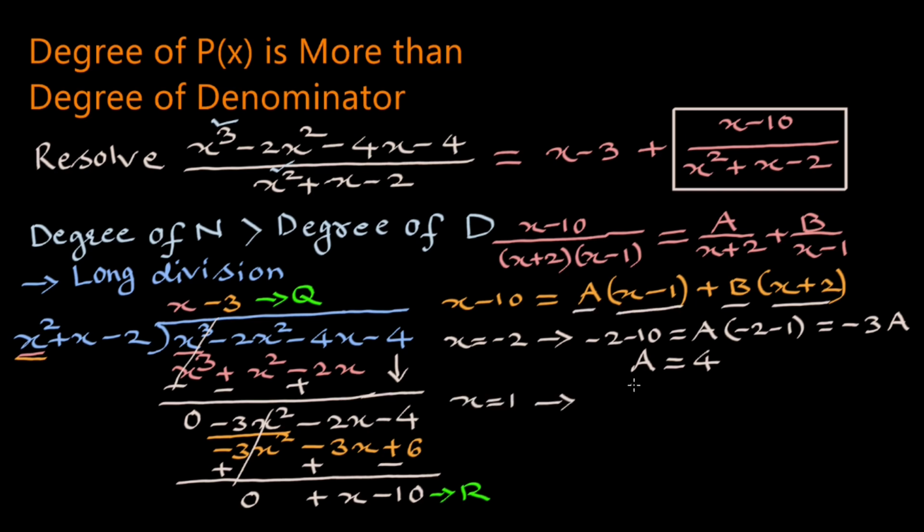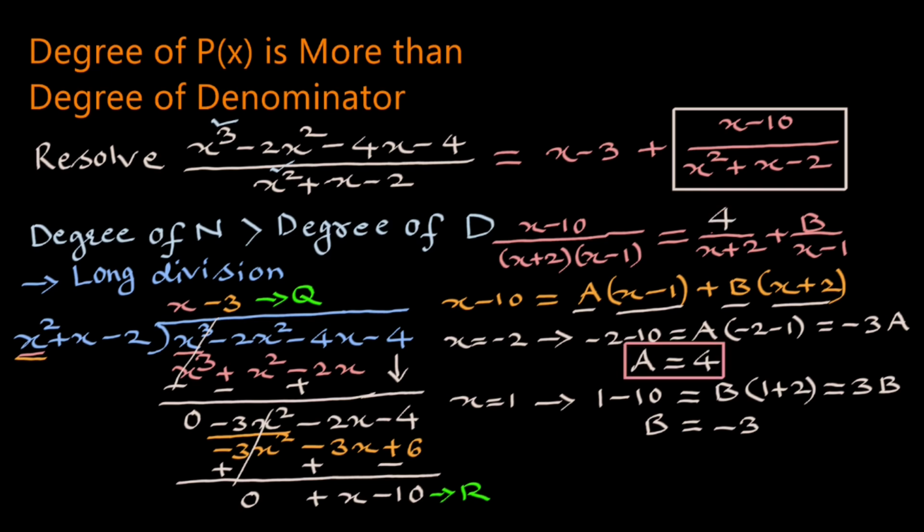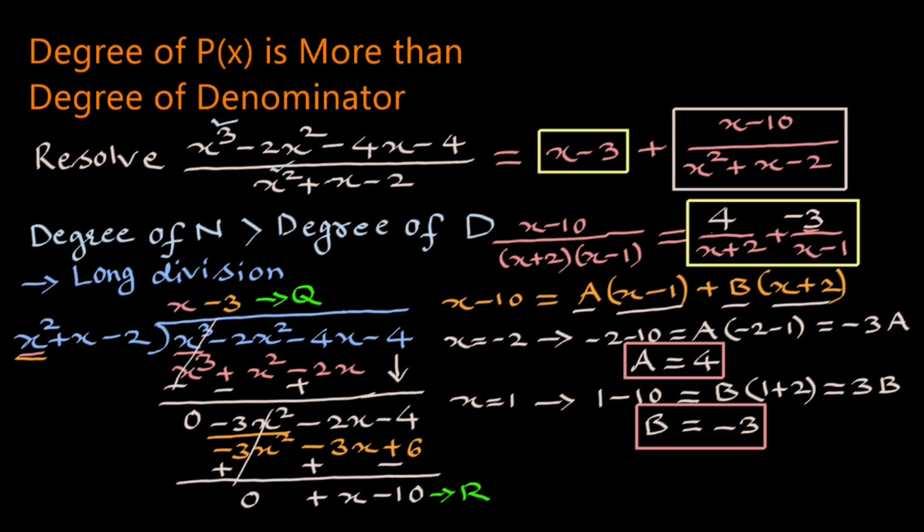That gives 1 minus 10 equals b into 1 plus 2, 3b. So b will be minus 3. Now we substitute this a by this 4 and replace this b by this minus 3. So these are partial fractions along with this linear function x minus 3.